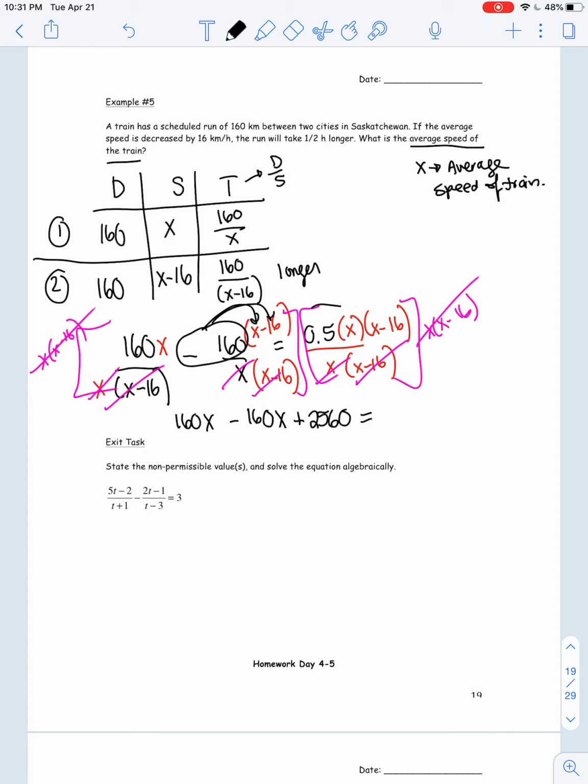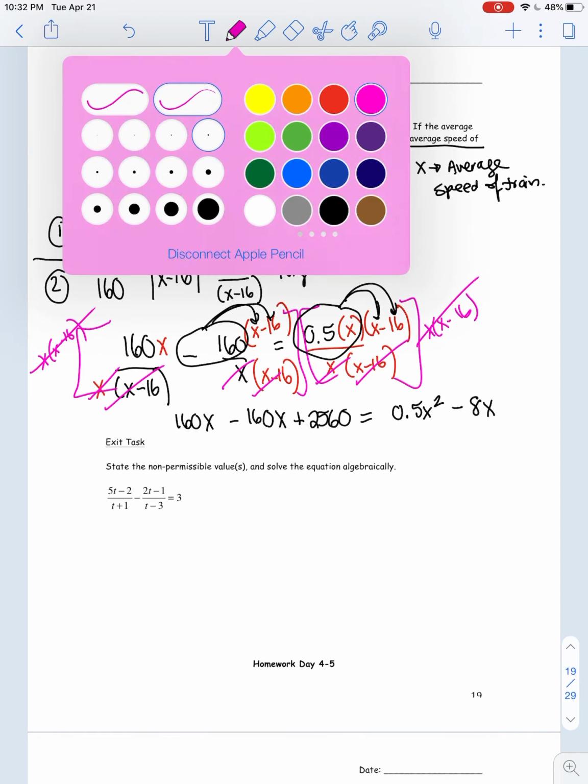And that's equal to, we have to distribute 0.5x into x minus 16. So that's going to be 0.5x squared, because 0.5x times x, and then positive 0.5 times negative 16, which will give me negative 8x.